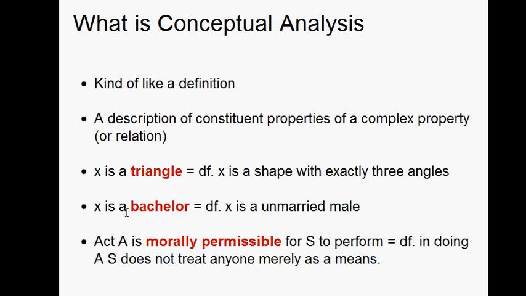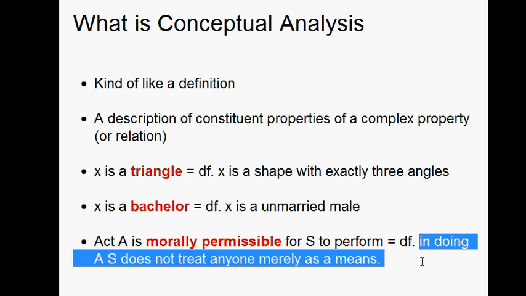And also, you wouldn't want to have any counterexamples. You wouldn't want to be able to come up with or imagine a possible scenario where something was, say, morally permissible, but didn't meet or satisfy this side here. So that's what a conceptual analysis is.